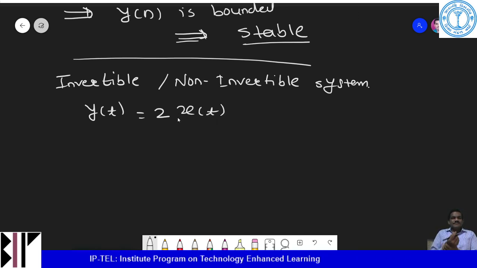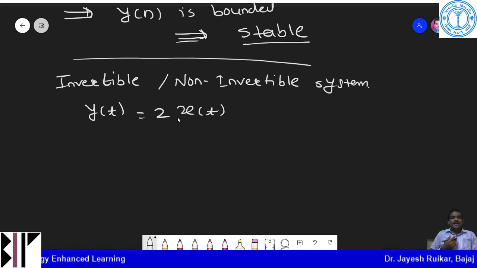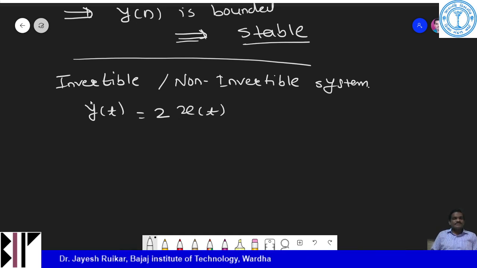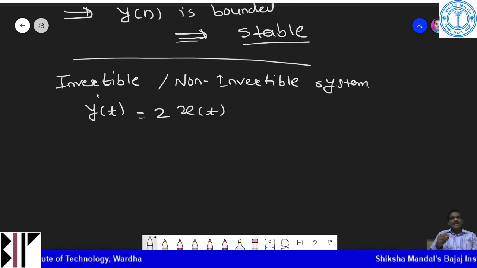We call the system an invertible system if it produces a unique output for every unique input. So the input is unique, it should produce a unique output. Then we call it an invertible system. And if the system is invertible, there should be an inverse system.